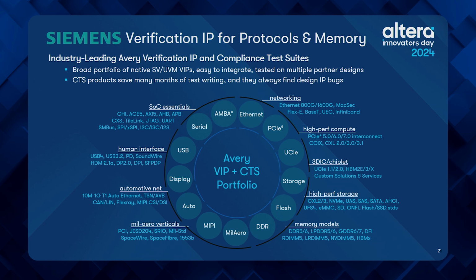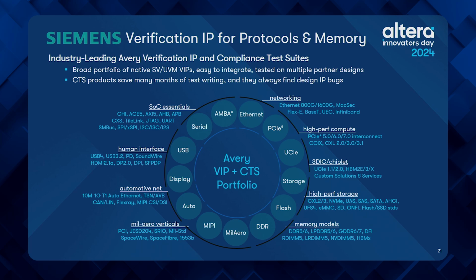All right, so I'm a verification IP application engineer, so I'm going to talk a little bit about this with a lot of excitement. Siemens acquired AV Design Systems earlier last year, March, actually, 2023. With that, we have an industry-leading portfolio for a lot of protocols and memory interfaces.